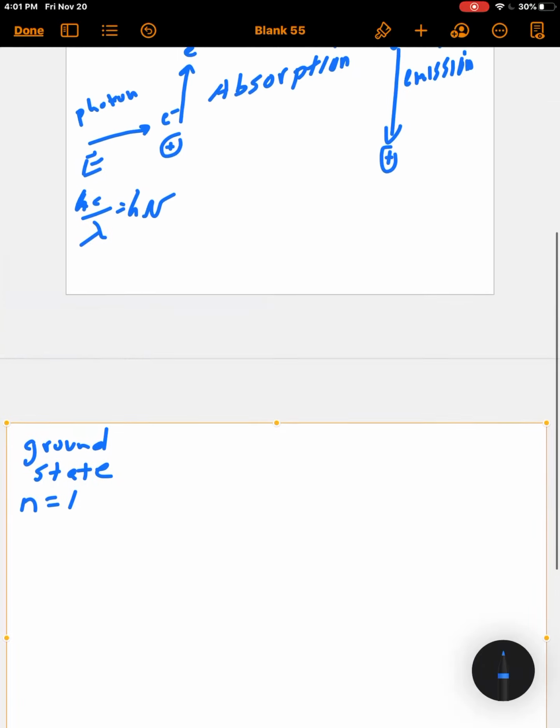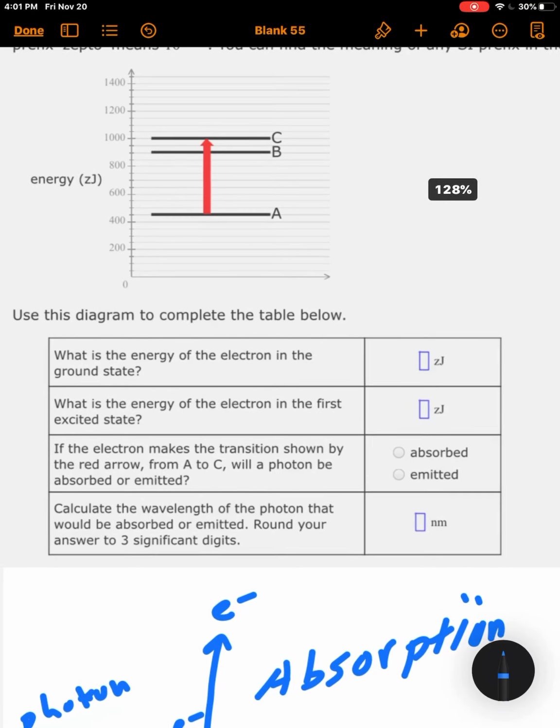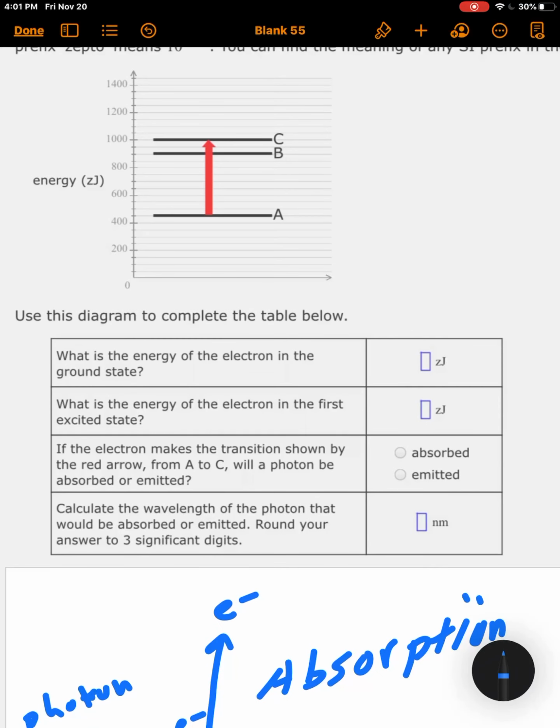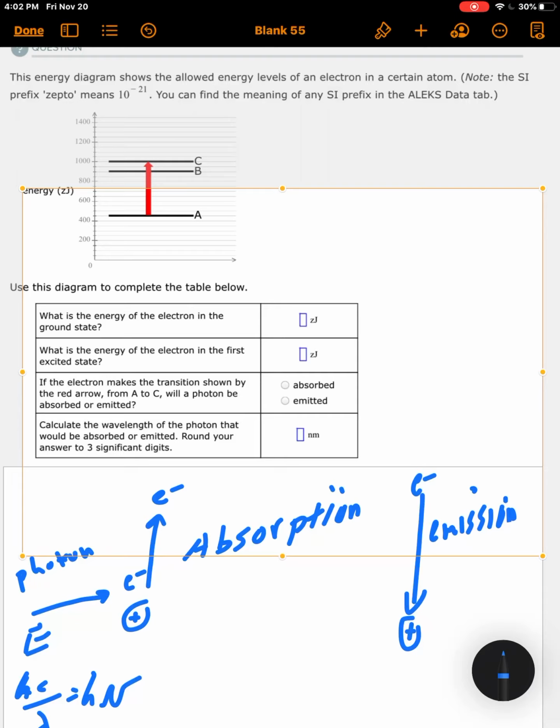So the ground state is A. We're going to take a look at that energy level. That energy level is right there. You can see where it's at. It's between 400 and 600. So here's 400, here's 600. There are 1, 2, 3, 4 sections there.